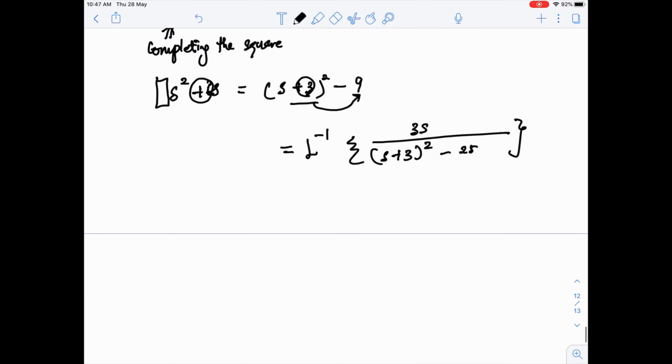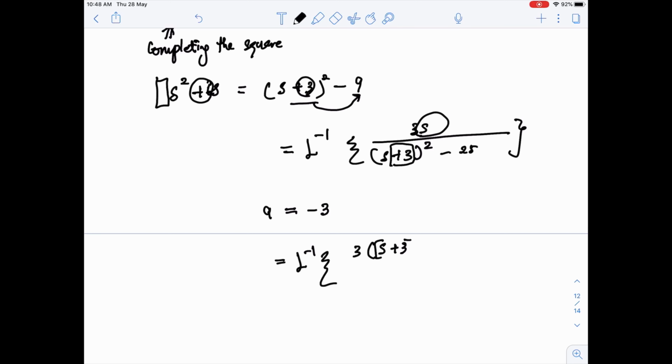Okay, so it's quite simple to solve this one, as we know that we need to identify our a. Our a now is negative 3. So in order to use the first shift theorem, your s over here must also come with plus 3. So you need to modify your expression. You will have 3 over here, you will have s, you have plus 3.